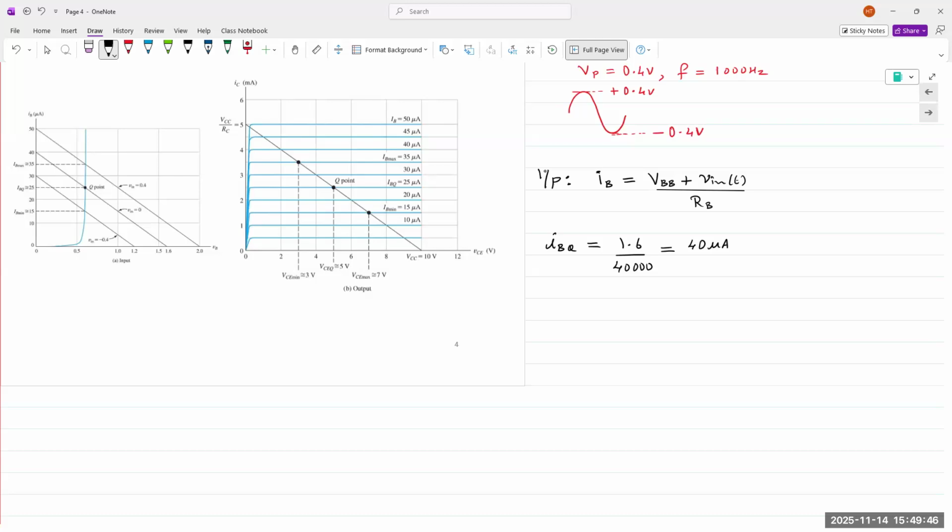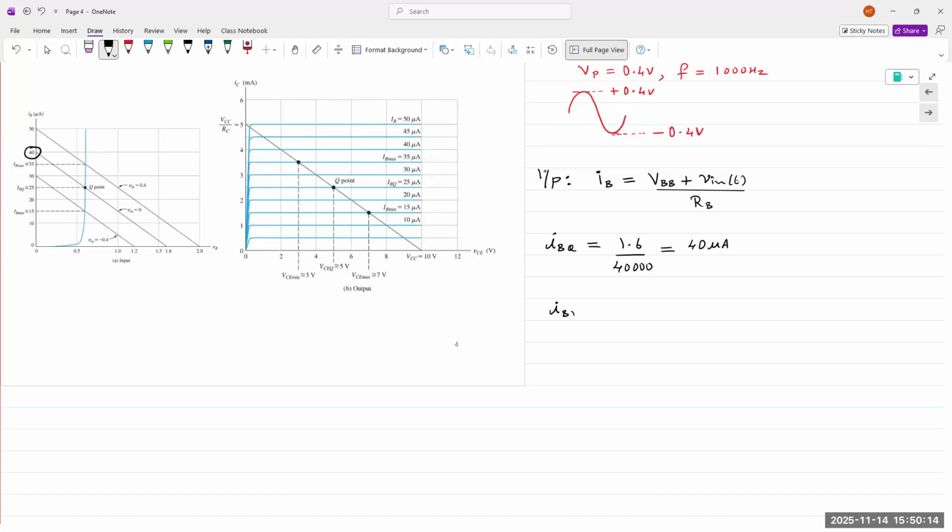This is without applying any V in. So on the input side, I have this point right here, 40 microamps, because you're still plotting the load line. And then as the AC input is applied, that Q point is going to shift.